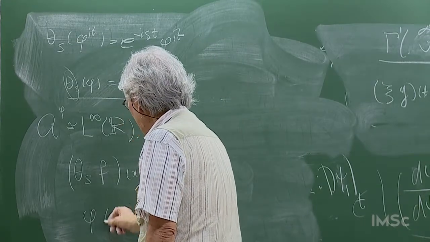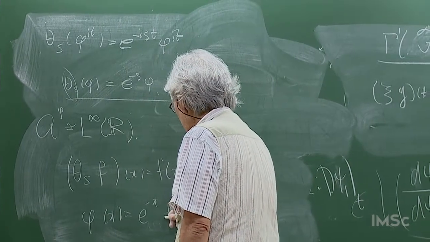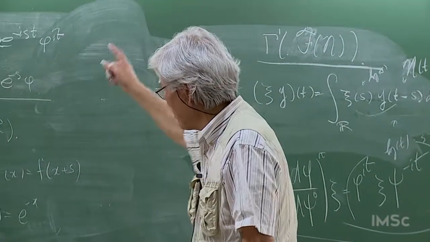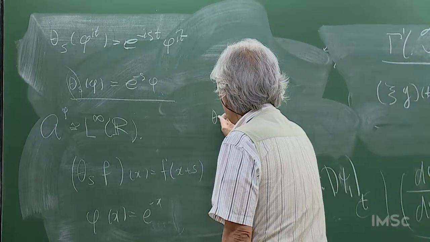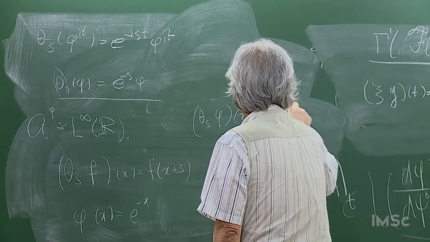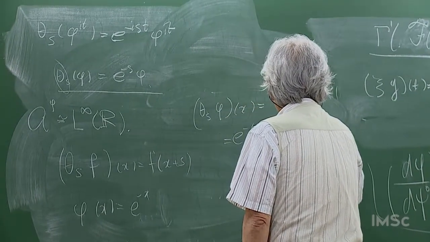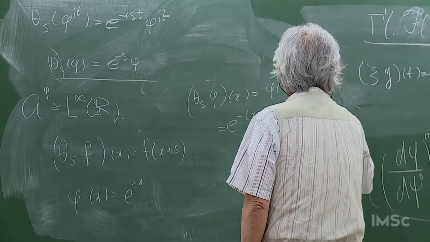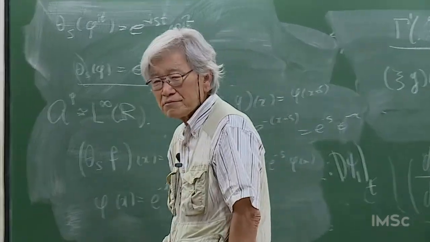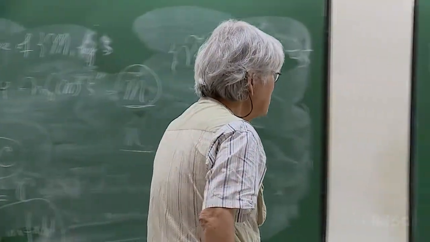Phi of X has to be e to the minus X. It's an unbounded element. And then theta S of phi equals phi of X plus S, which is e to the minus (X plus S), equal to e to the minus S times e to the minus X. So this is e to the minus S phi of X. So it is given in that way. No other choice.